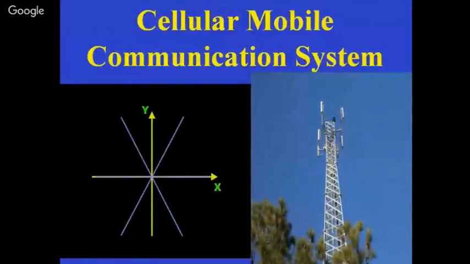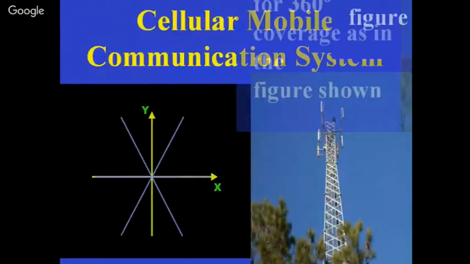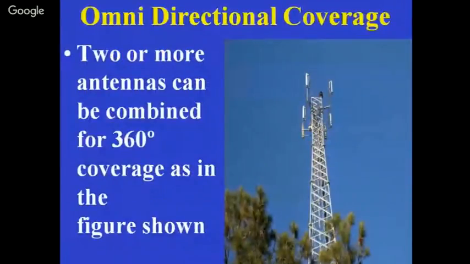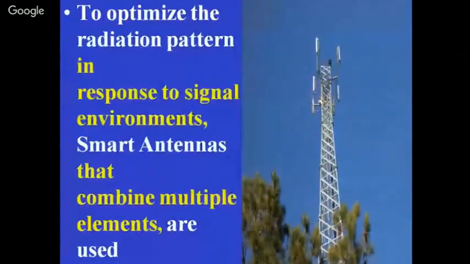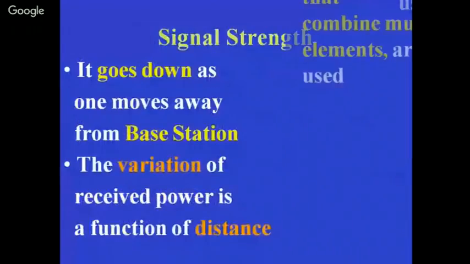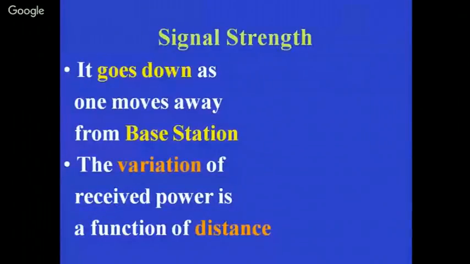But if we need 3 dipoles, why have we put 6 here? This is one question. You have to cover the 360 degree area. Oh, that figure is not here.